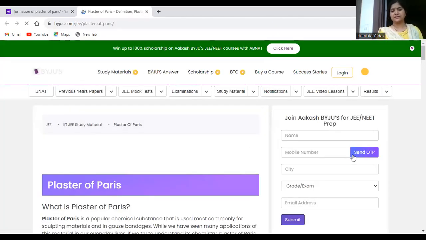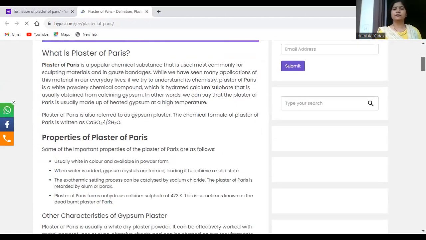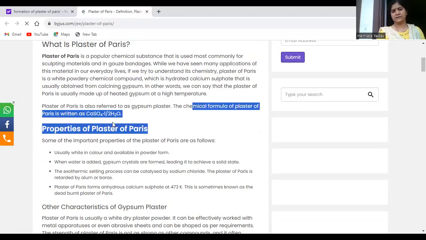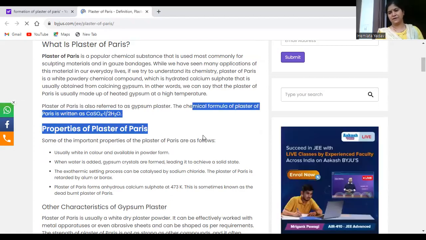Plaster of Paris is a popular chemical substance that is used commonly for sculpting material. Properties of plaster of Paris are that it is usually white in color, available in powder form. Plaster of Paris is also referred to as gypsum plaster. Chemical formula of plaster of Paris is CaSO4 dot half H2O.